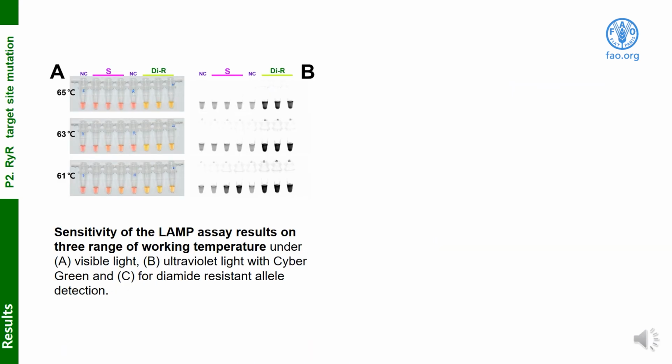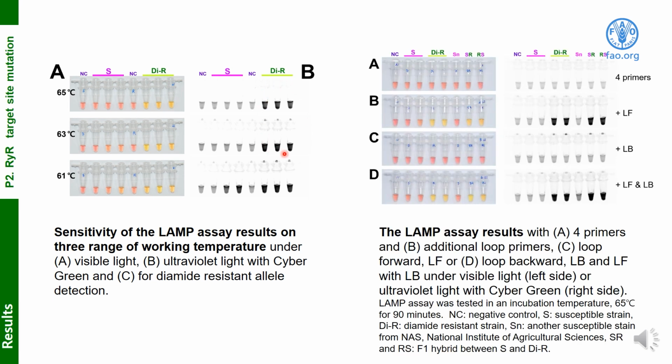We used LAMP, loop-mediated isothermal amplification. When we use this method, we can easily identify insecticide resistance early. This result shows how to increase its efficiency.